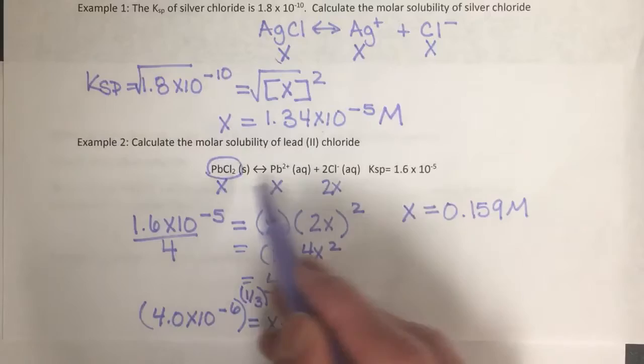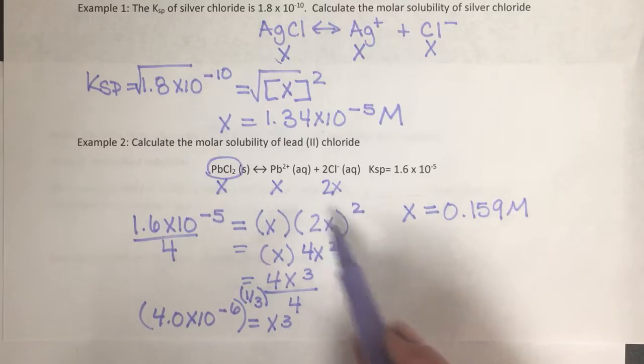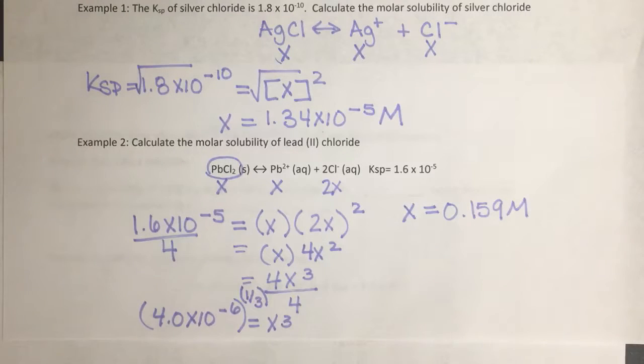This was a 1-to-2, and so my math was a little bit more complex, and I needed to keep track of what was happening with exponents and things like that. So you want to know your stoichiometry, otherwise things get difficult. Okay? So equilibrium doesn't just apply to acid-base reactions, it also applies to precipitates as well, and we use our Ksp values when precipitates form.